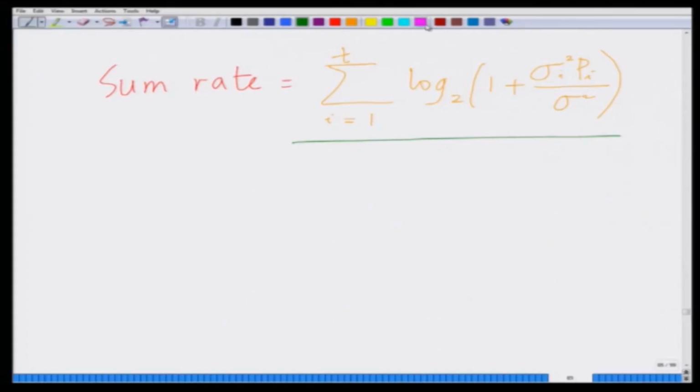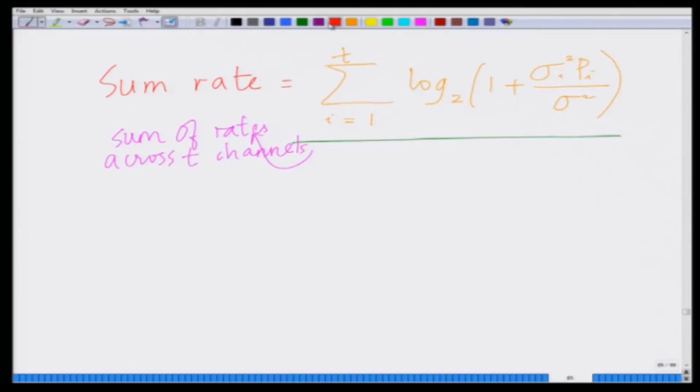Therefore, the total rate that is possible in this MIMO system is the sum of the rates across these T channels, that is, summation i equals 1 to T log to the base 2 of 1 plus sigma i square Pi divided by sigma square. This is the sum rate. The sum rate is naturally nothing but the sum of the rates across the T parallel channels.